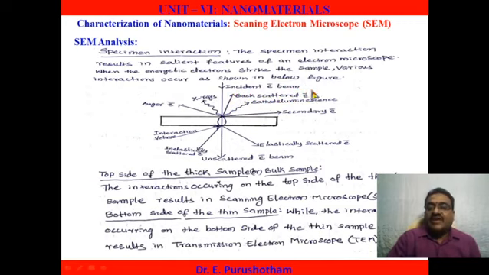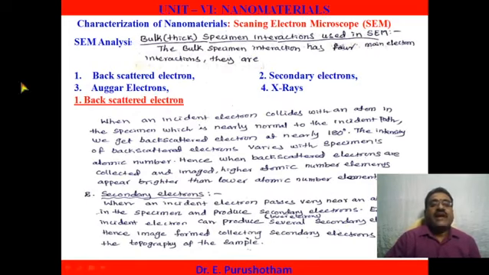So these backscattered electrons depend on the sample atomic number. If the sample atomic number is more, we get a brighter image. If the atomic number of the sample is less, we get less brightness of the image. So we can observe here backscattered electrons.